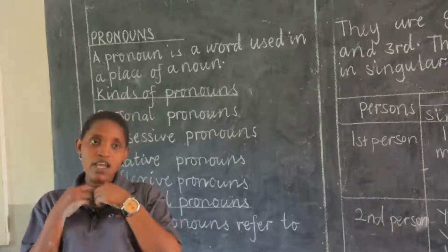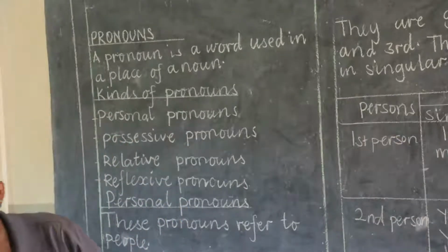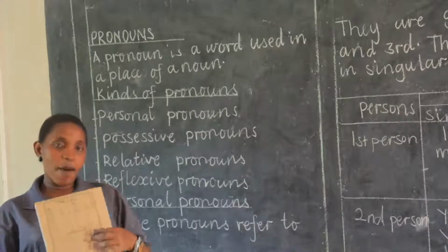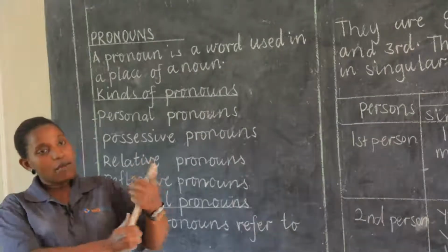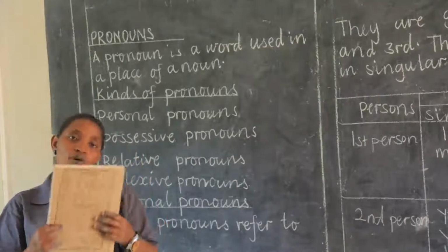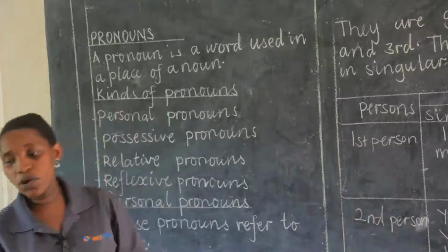I own it. When I get this book, I'm having it, I'm possessing it. I will say, my book, the book is mine. Those are possessive pronouns.